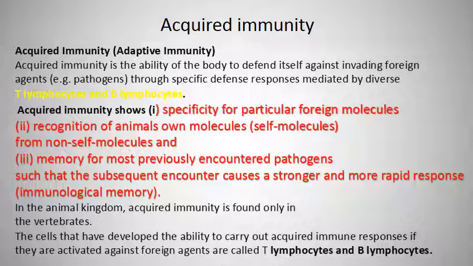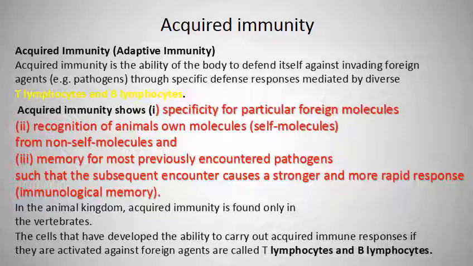So here we have to remember the definition of acquired immunity, which is the ability of the body to defend itself against invading foreign agents through specific defense responses mediated how? By T lymphocytes and B lymphocytes. So in acquired immunity, T lymphocytes and B lymphocytes play a very important part in the defense. It is a specific defense response, not like innate immunity, which is a non-specific defense.